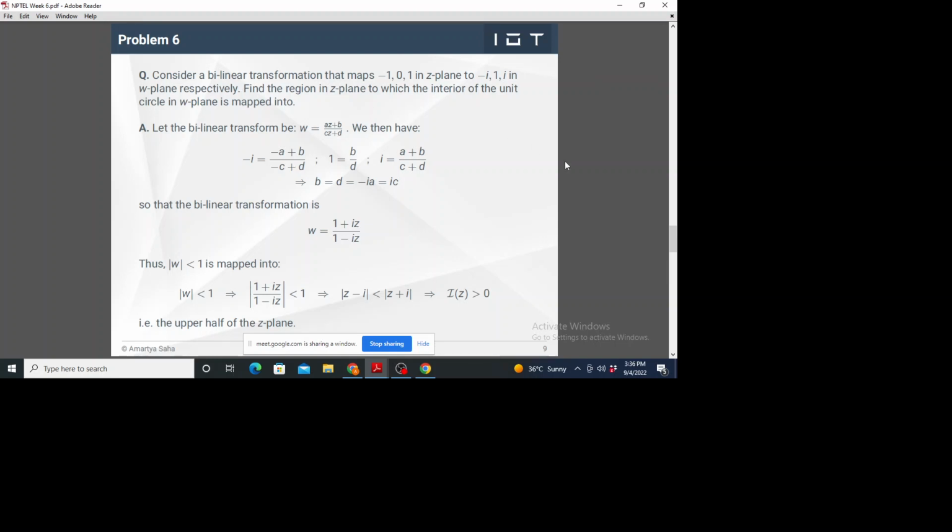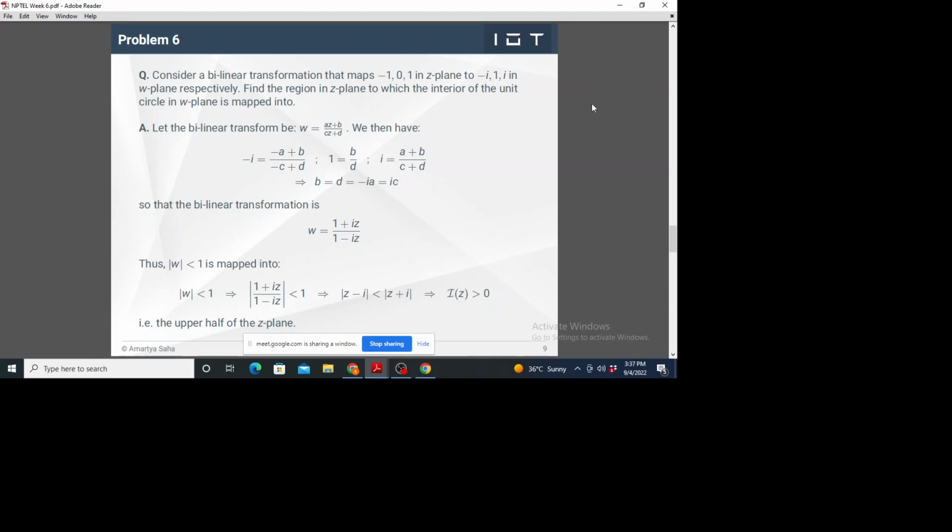A bilinear transformation has 4 complex parameters, this is (az plus b) divided by (cz plus d), and we are given 3 conditions. It maps -1 to -i, 0 to 1, and 1 to i.